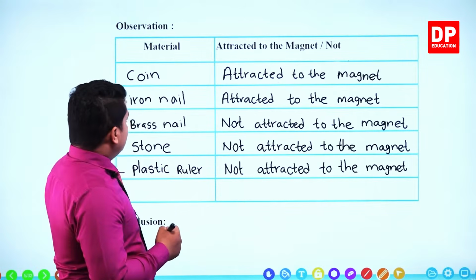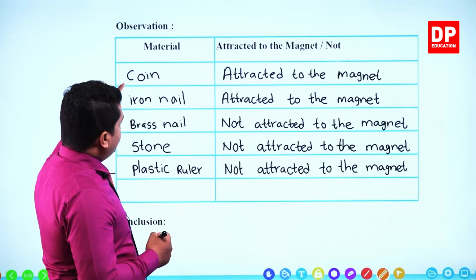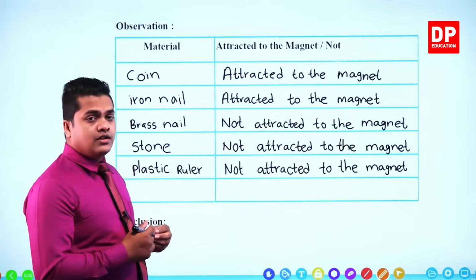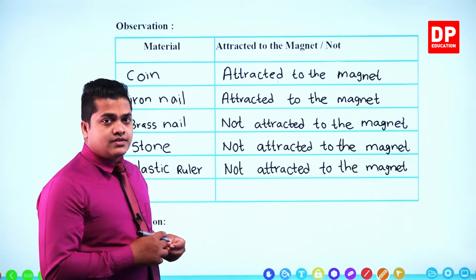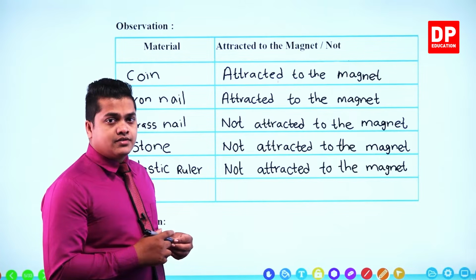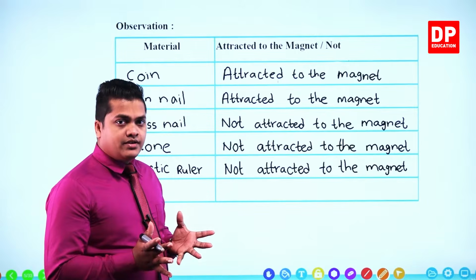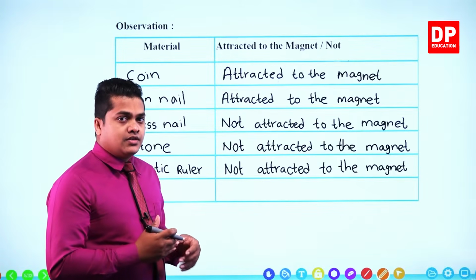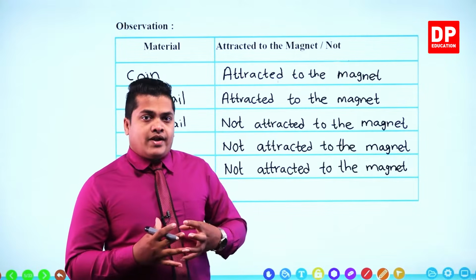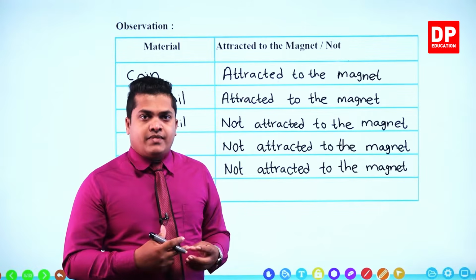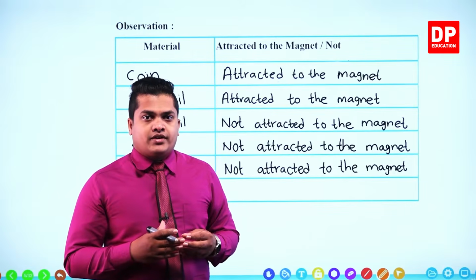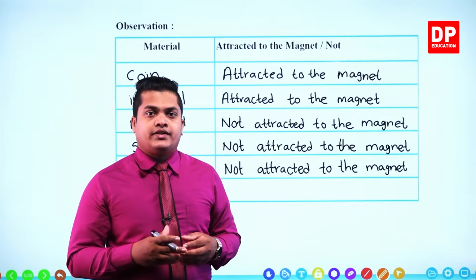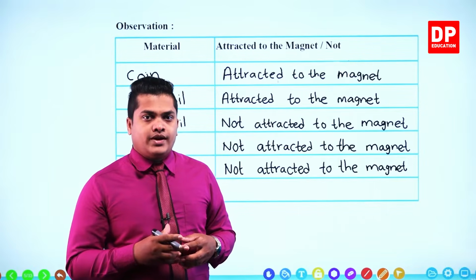The things which are getting attracted, like the coin and the iron nail, are called magnetic materials. The things which are getting attracted to the magnet are called magnetic materials, and the things which are not getting attracted to the magnet are called non-magnetic materials, right?